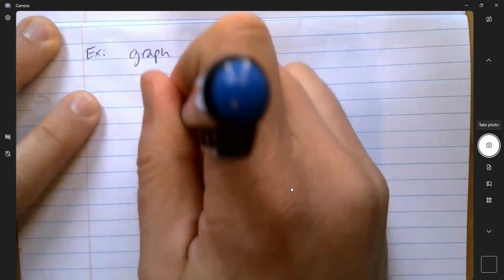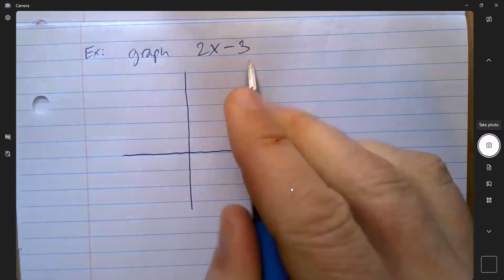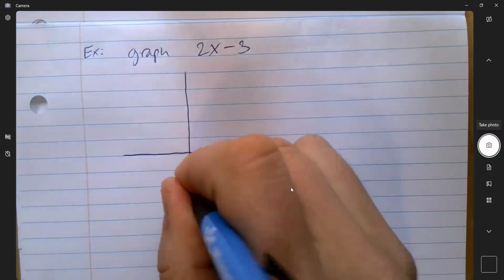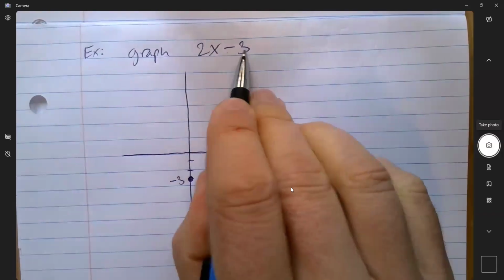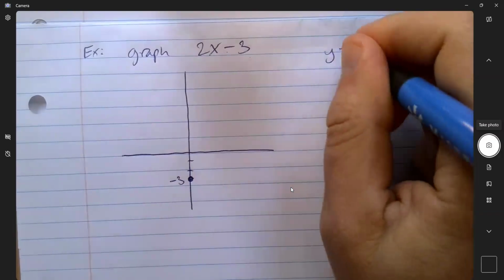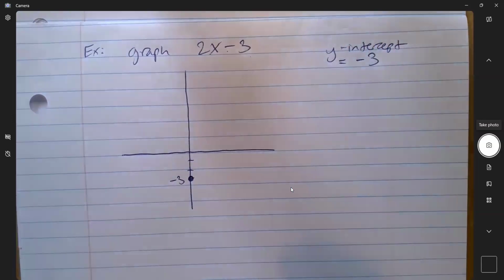So the simplest way to do this, if you're so lucky as to be given the y-intercept, is to start by putting a point right there equal to the y-intercept. The y-intercept equals -3.